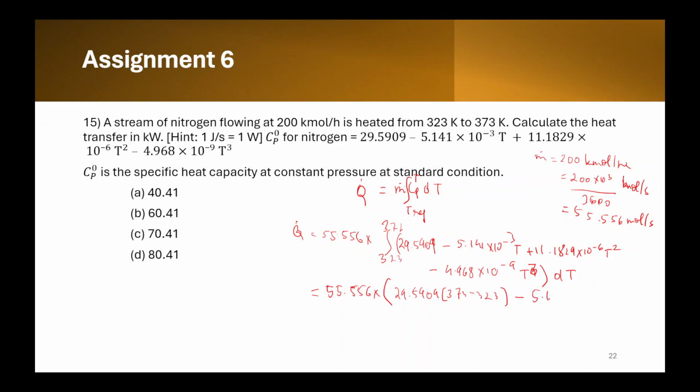So minus 5.141 into 10 to power minus 3 divided by 2 into 373 square minus 323 square. Then this third term 11.1829. So the integration of T square is T cube by 3. And if we apply the limit, it will be 373 cube minus 323 cube.